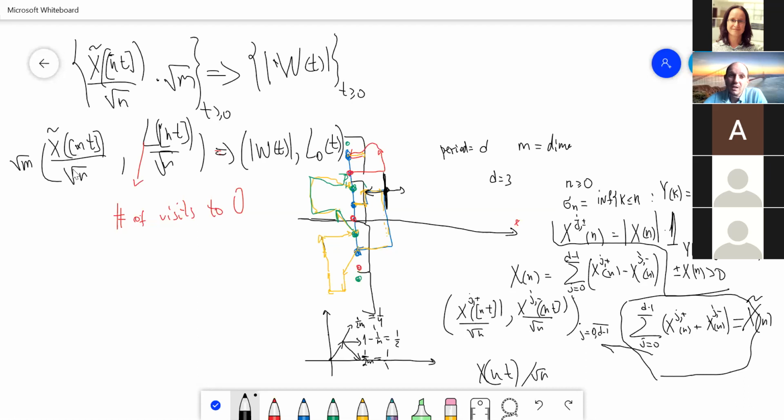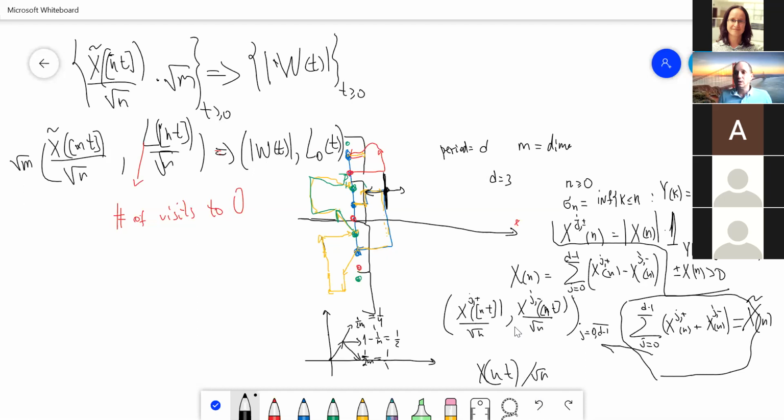And if we know that this sequence weakly converges to a continuous process, then we have nice estimates for the modulus of continuities of this sequence. So any limit point is a continuous process.